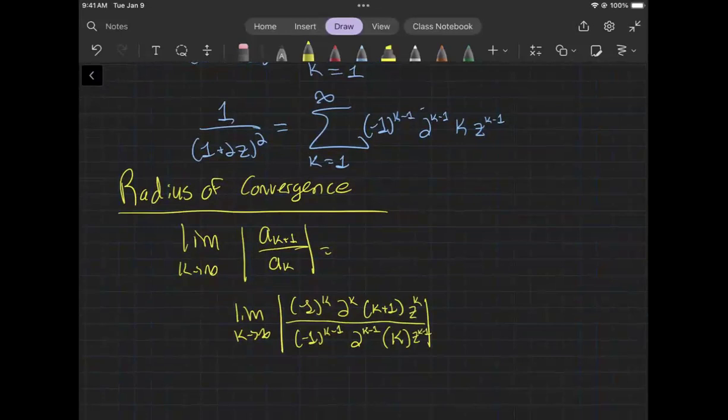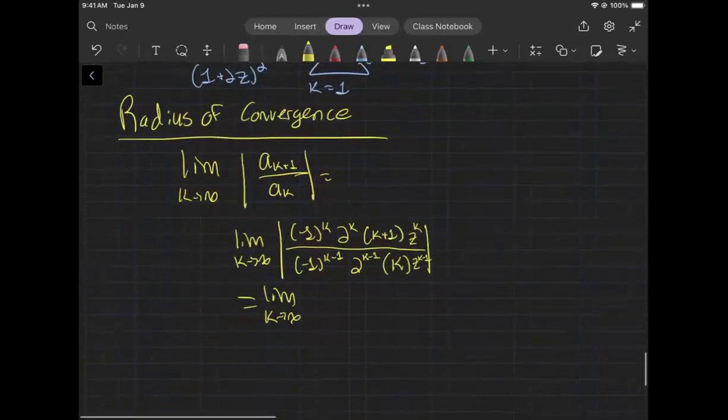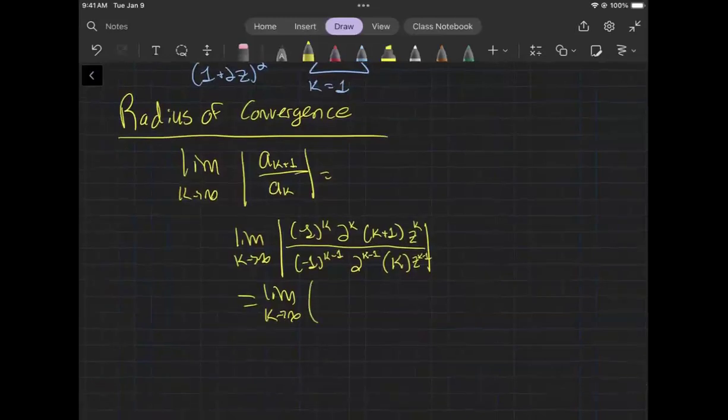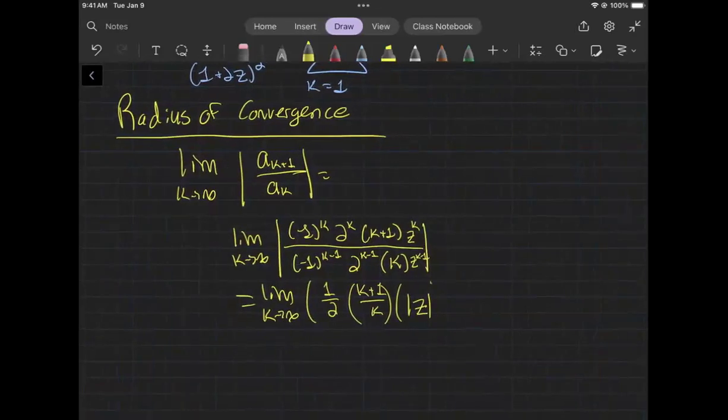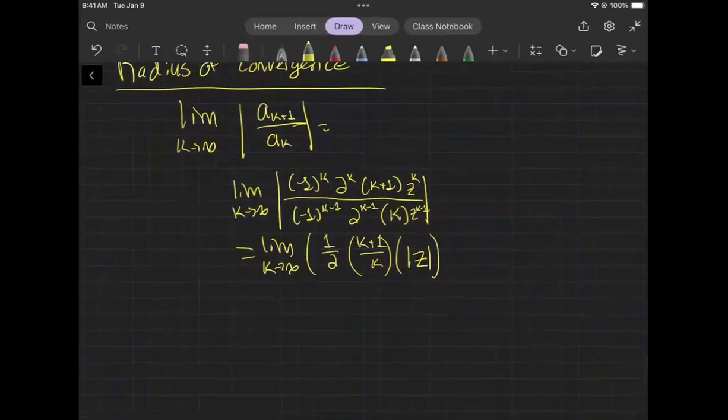All right, I'll just write it like this. So this would equal the limit as k goes to infinity of 1/2 times k plus 1 over k times the length of z. Okay, and so this would equal the length of z over 2 is less than 1.